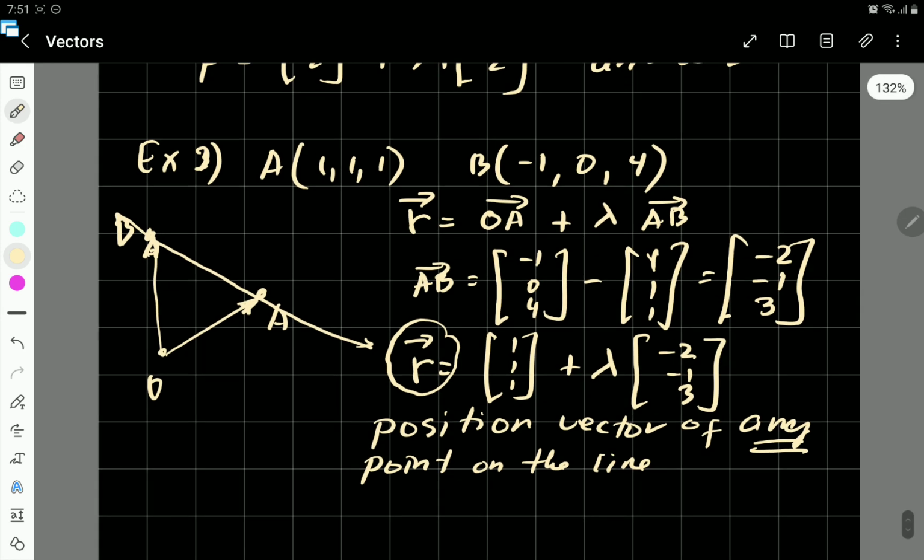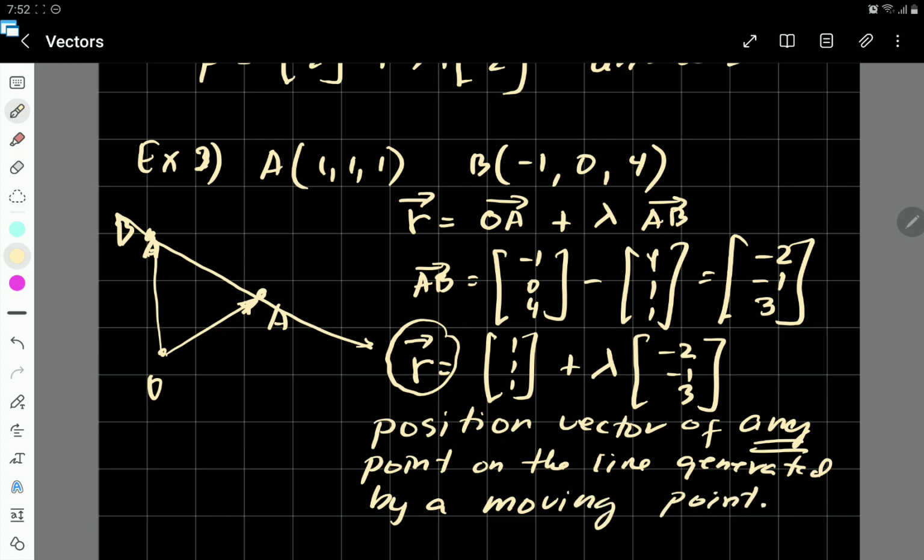Okay, the position vector of any point on the line generated by a moving point. Remember a while ago the moving boy? The boy was the point.